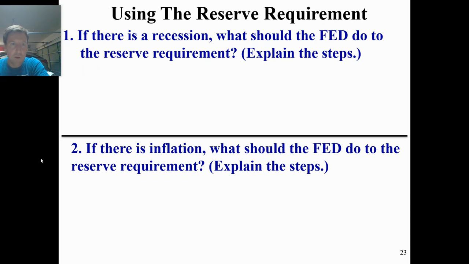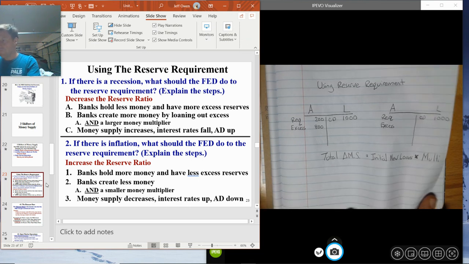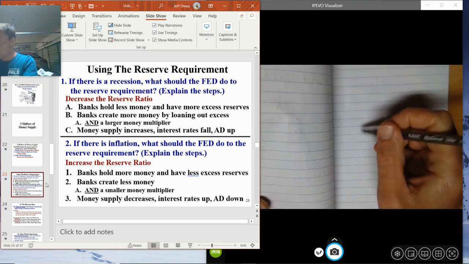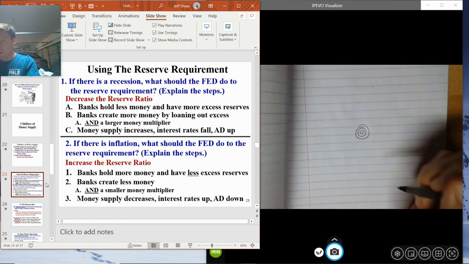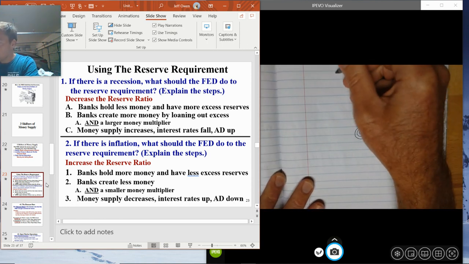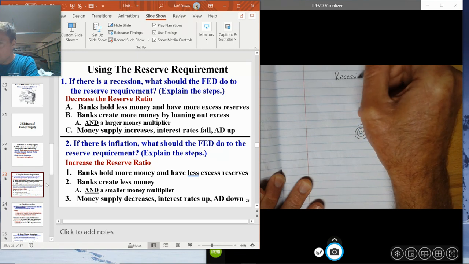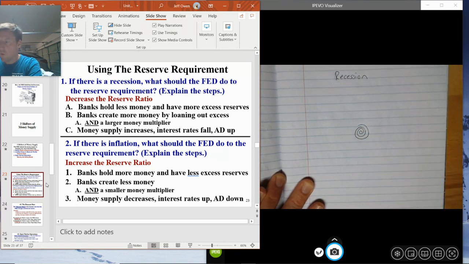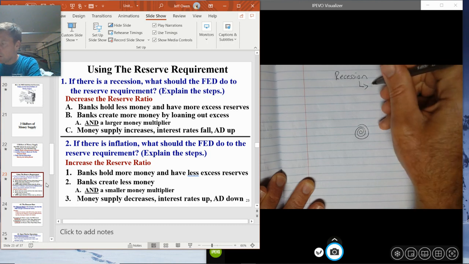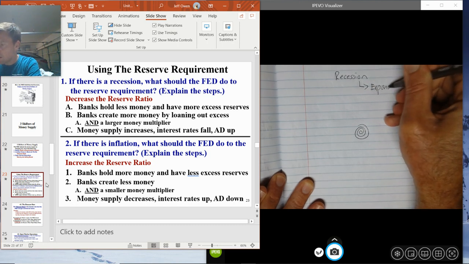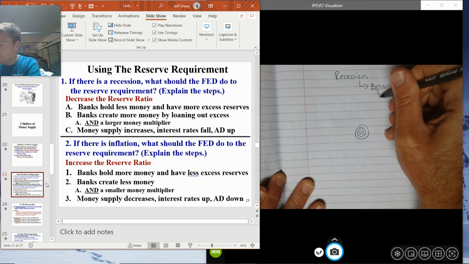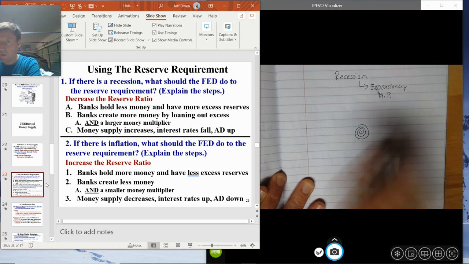So if I'm in a recession, just like in fiscal policy, I'm going to want to put in an expansionary monetary policy.